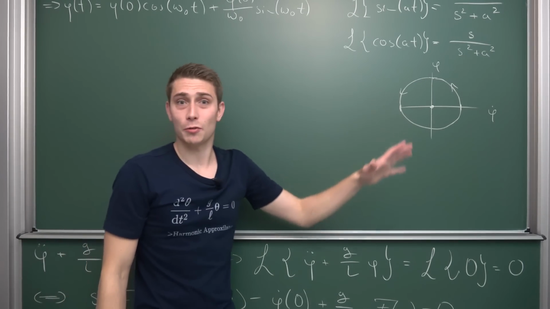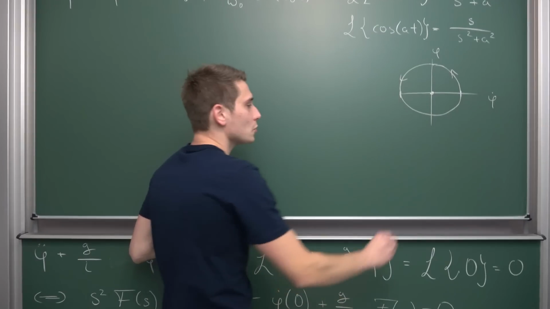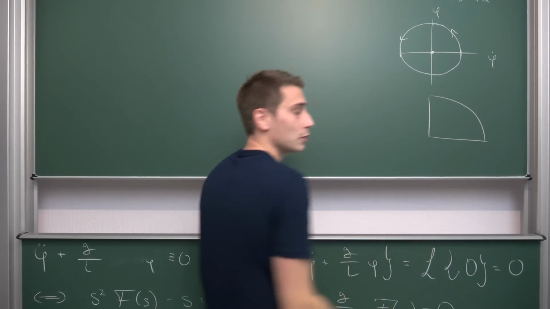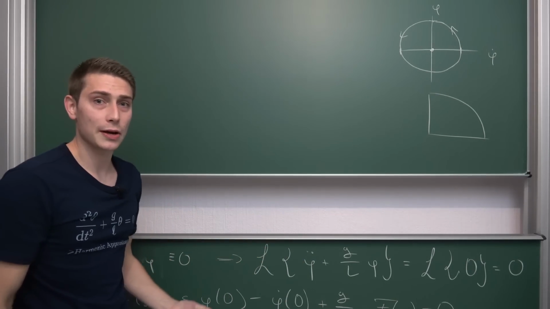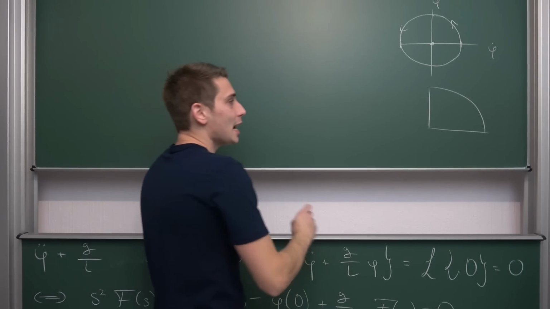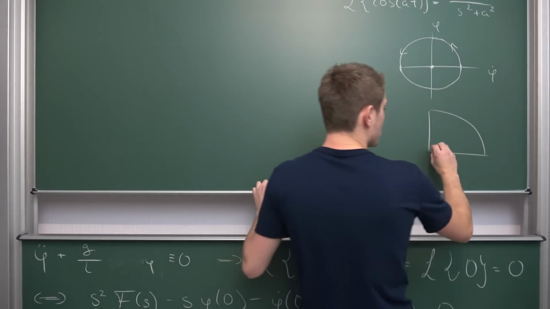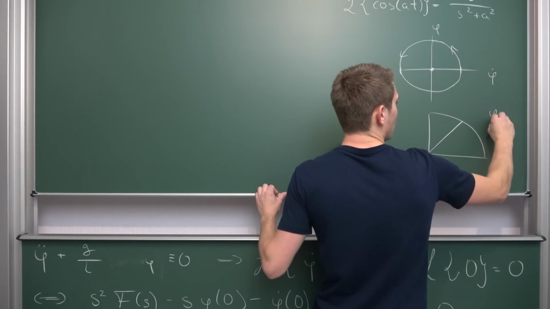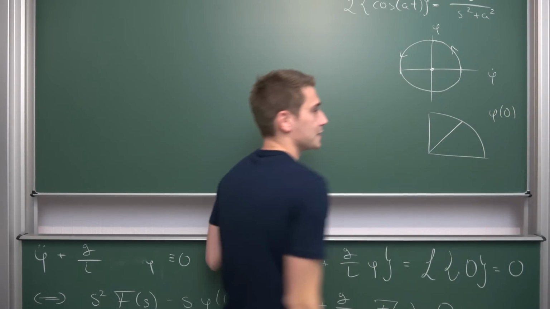But we can actually make use of this phase space right now, and I'm going to enhance this a tiny little bit. Let's say we are just going to take a look at the first quadrant, and now we're going to take a look at initial values. Let's say our pendulum had an initial displacement, and this right here is our y-coordinate, so this is phi of 0.